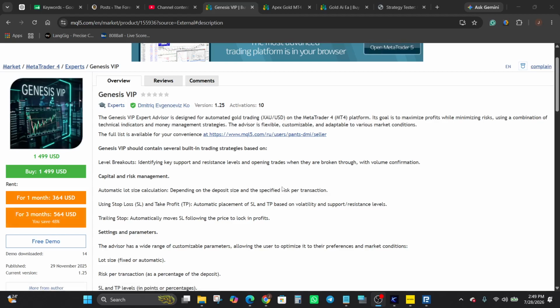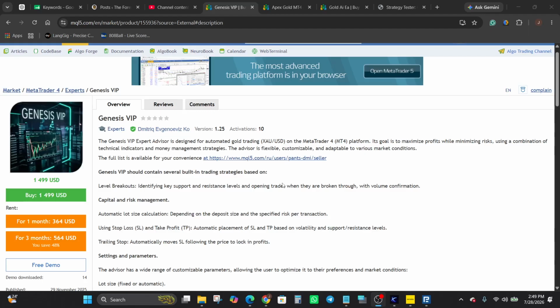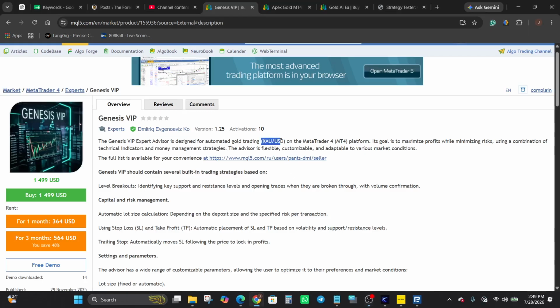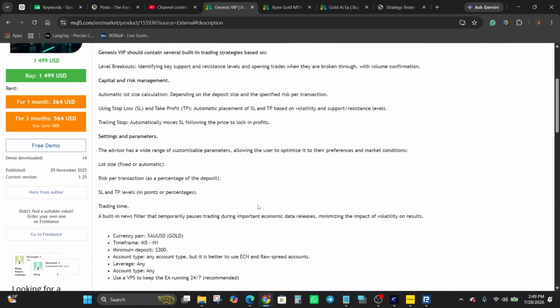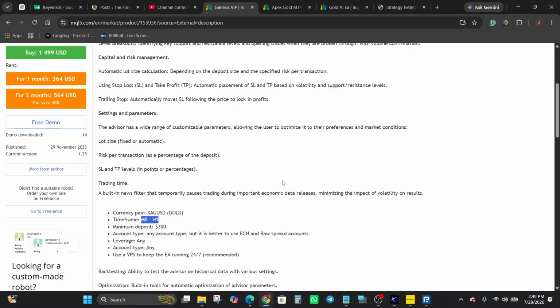Now, according to the developer's description, the EA focuses on trading XAUUSD on the MetaTrader 4 platform across time frames ranging from M5 to H1.